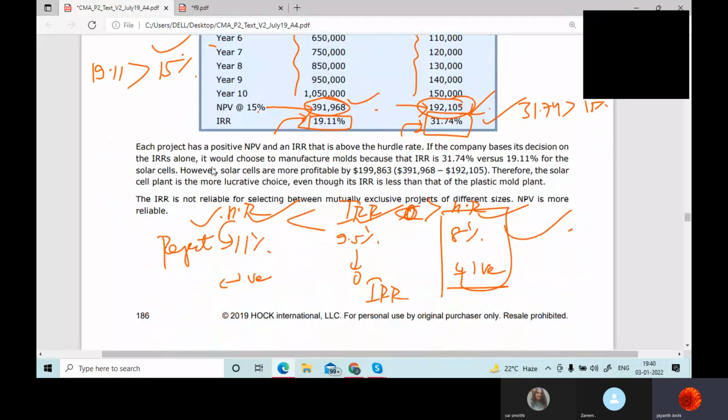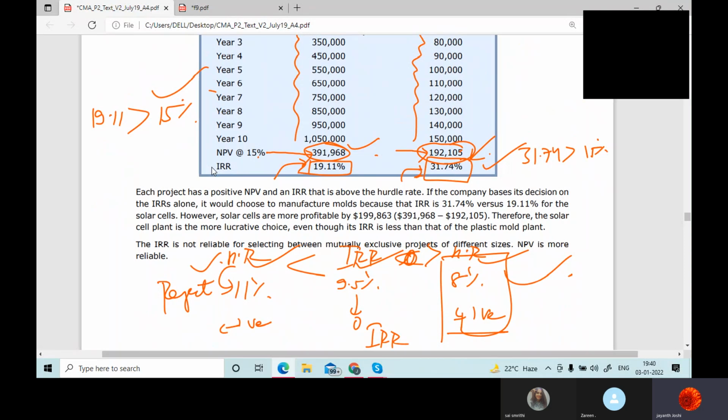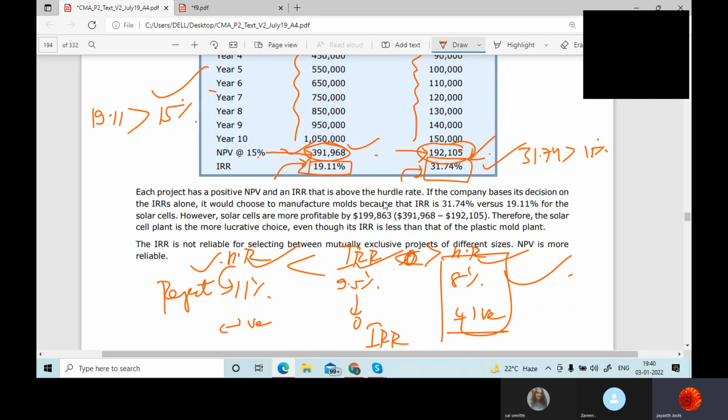So each project has a positive NPV. From the NPV rule's point of view, you can select both projects very clearly, but this one is giving a higher NPV, so we would prefer this one. Each project has a positive NPV and an IRR that is above the hurdle rate, which I explained to you in the beginning itself.